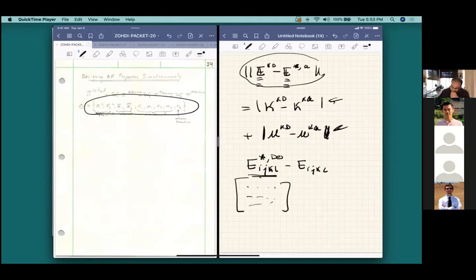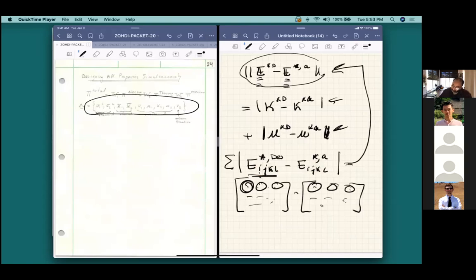And then I would literally take the absolute value of all of them and sum over all of the i's, j's, and k's. So basically I would go through every single coefficient, take the difference between here and here, here and here, add them all up, and that would be the meaning of that symbol.